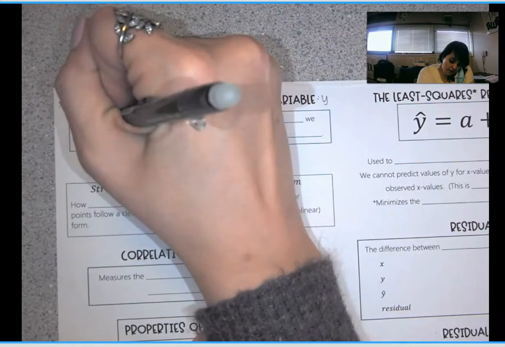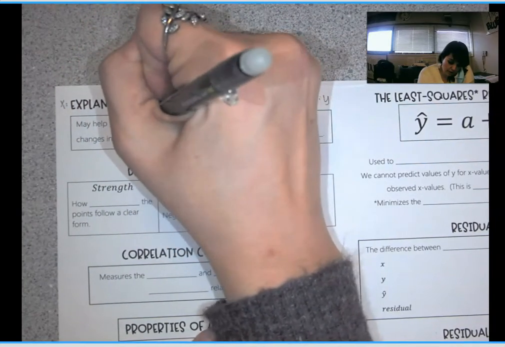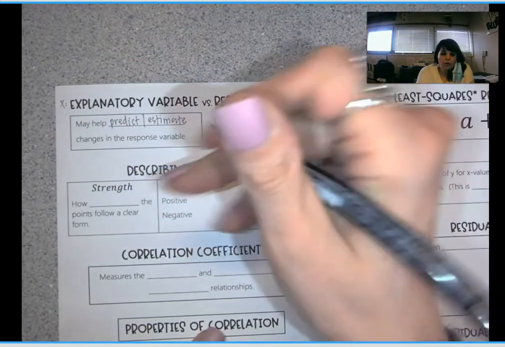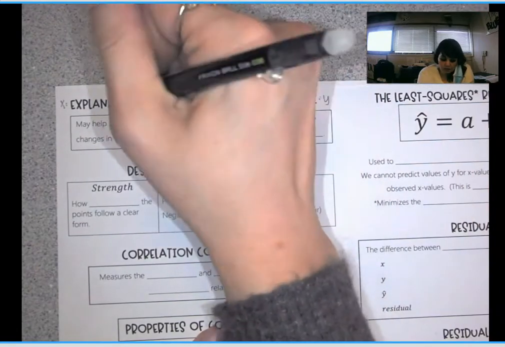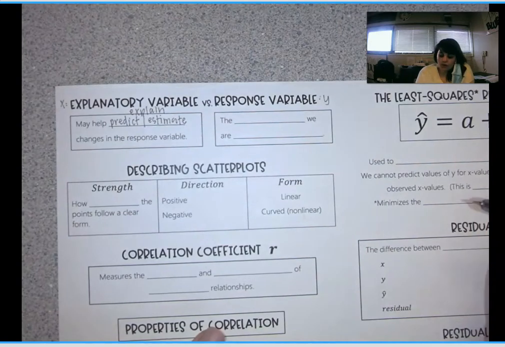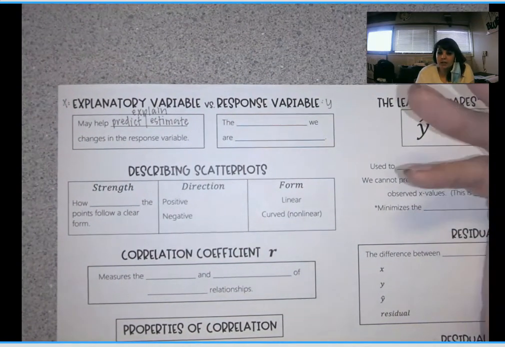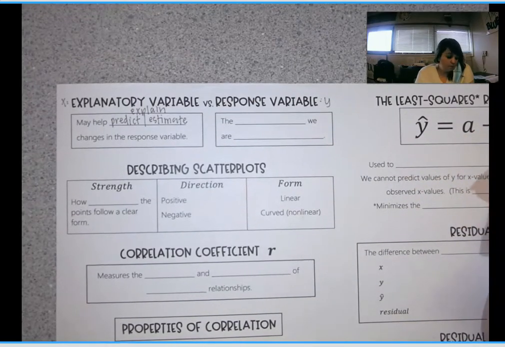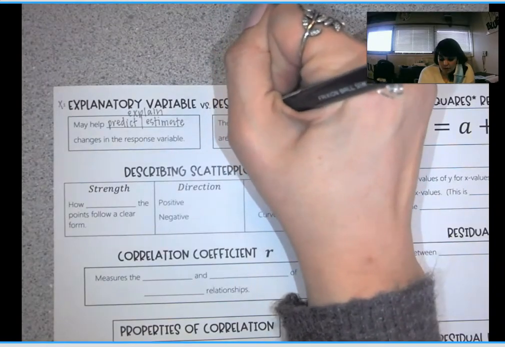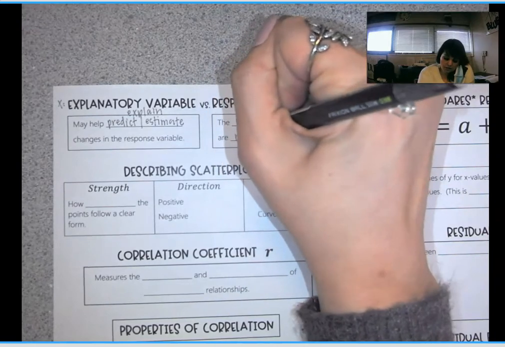Your X variable may help you predict, estimate, or explain changes in your Y variable. The response variable is the outcome we are measuring.